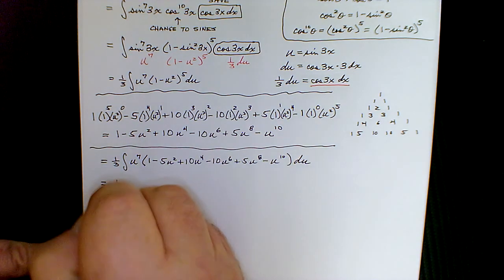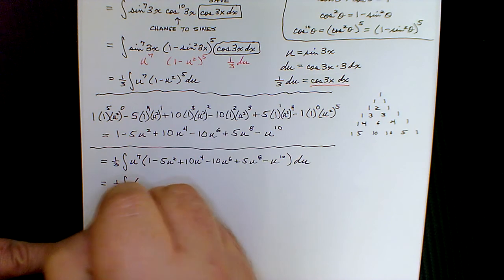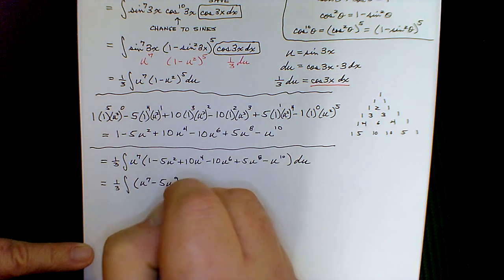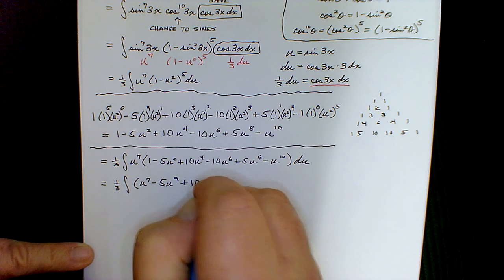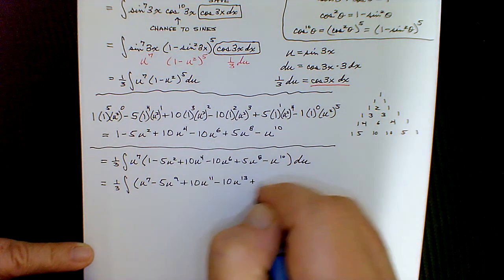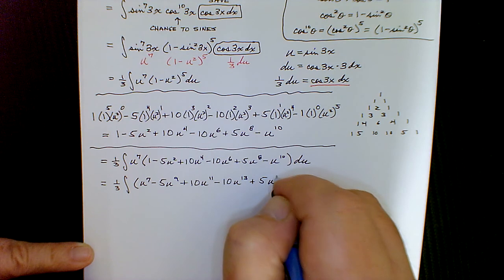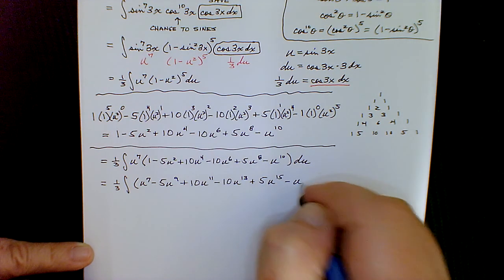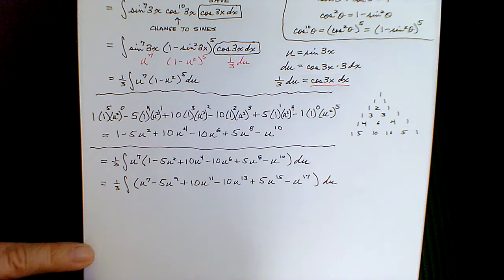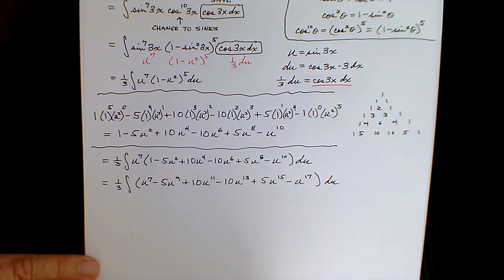And so doing so, we get 1/3 integral u to the 7th minus 5u to the 9th plus 10u to the 11th minus 10u to the 13th plus 5u to the 15th minus u to the 17th, all with respect to u. And now we are ready to integrate.